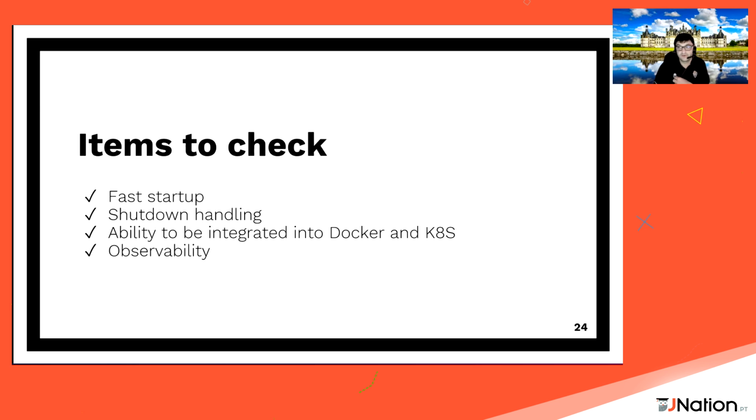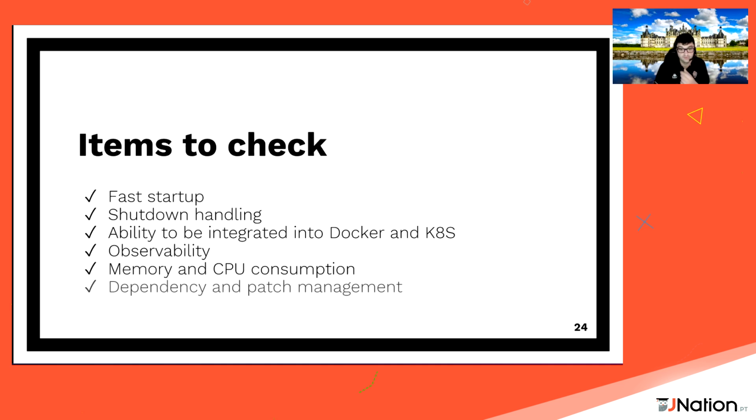The observability now is the new black. So you must have this feature directly out of the box in your solution. The memory and CPU consumption should be really low. And last but not least, dependency patch management. We often forget this point, but it could be really tricky to manage.